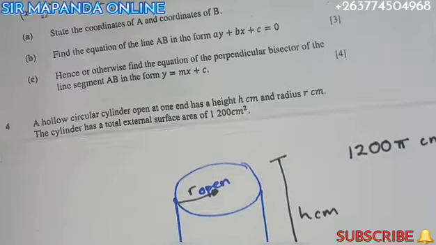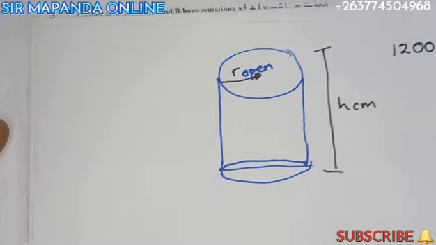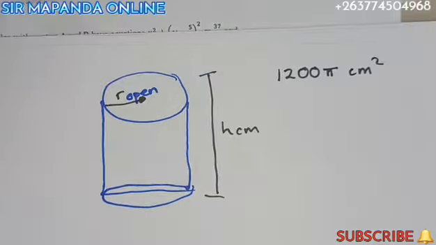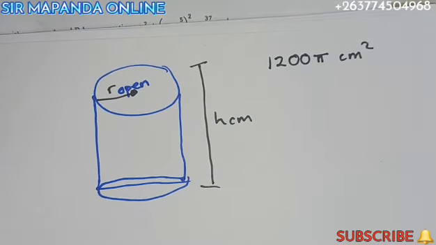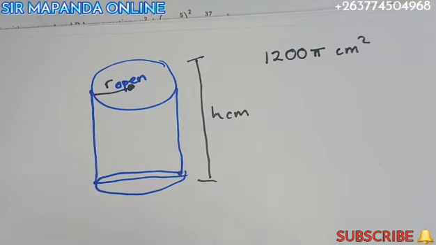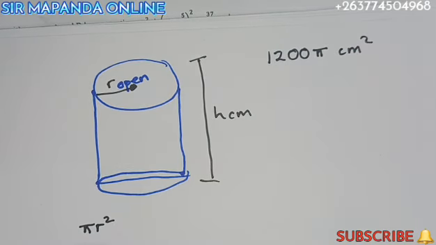So here I'm going to find the total surface area of this cylinder first, then equate it to 1,200 pi. The total surface area is going to be made up of two surfaces. The bottom is closed, so the bottom is a circle. The area of a circle is pi r squared. But the pi r squared above is going to be ignored, since the cylinder is open at the top.